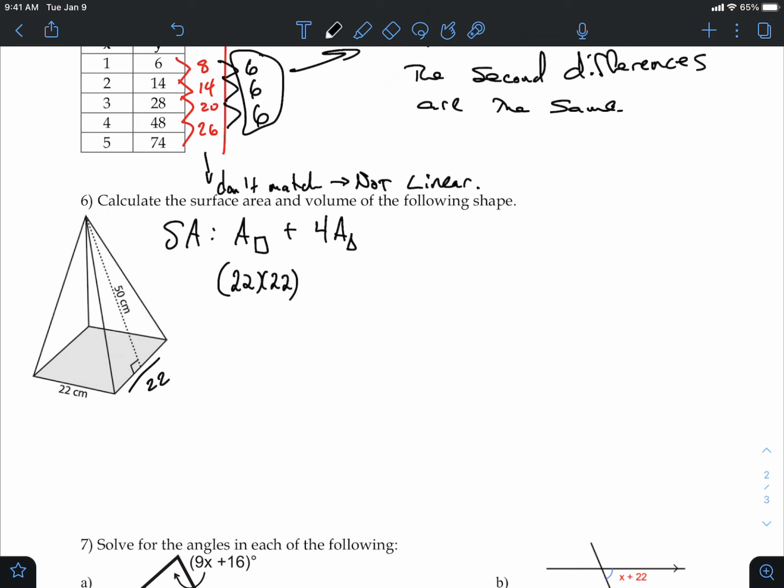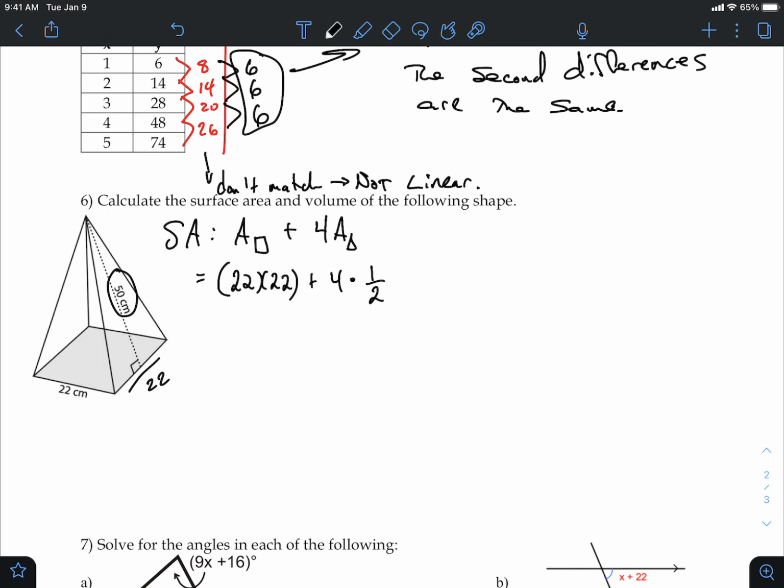Is everybody happy with that? And then we add 4 times, and if you're wondering how the equation comes to be on the sheet, I saw a whole bunch of 2BS, where the B is the base and S is the slant. I think they call it the slant length, if I'm not mistaken.